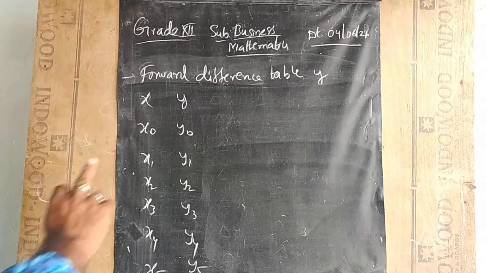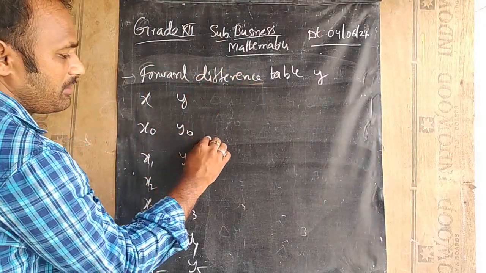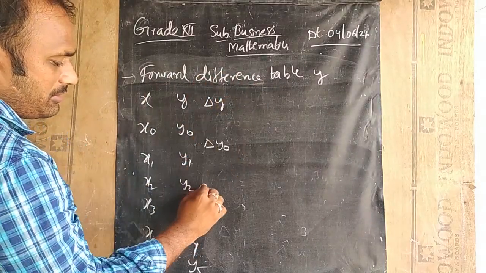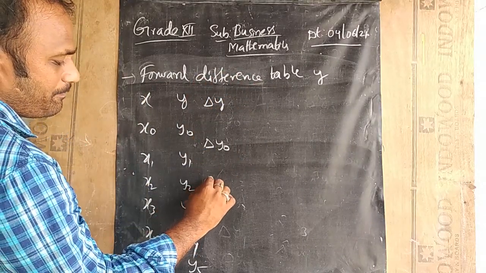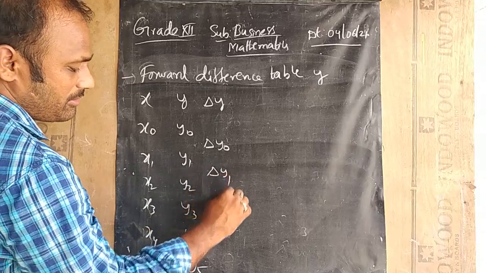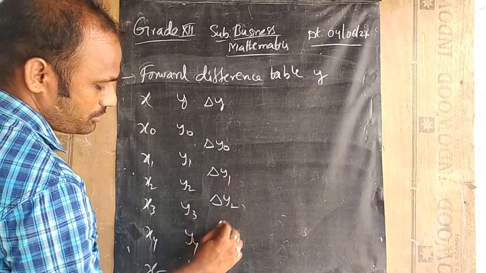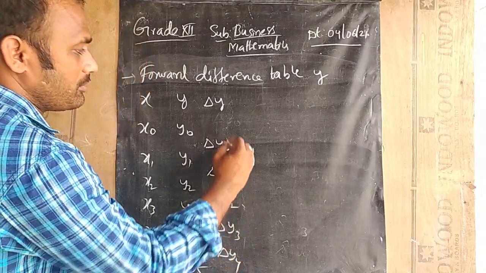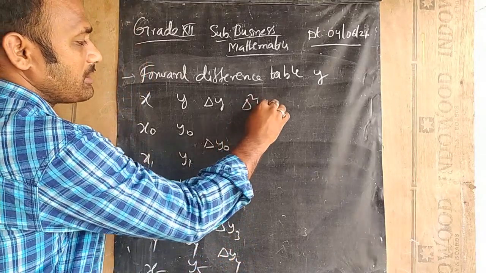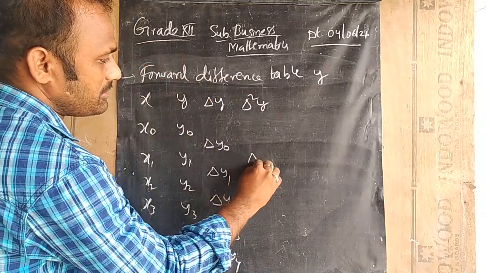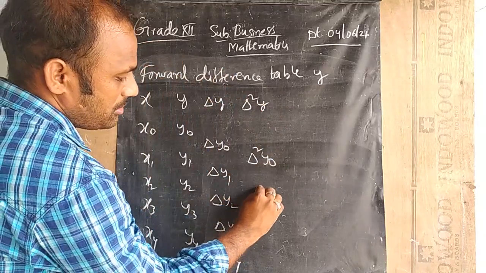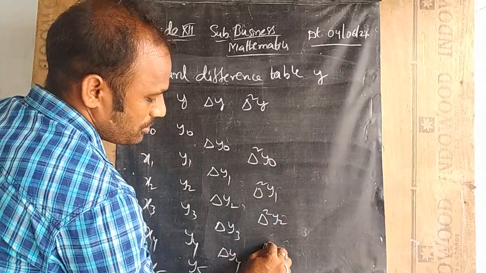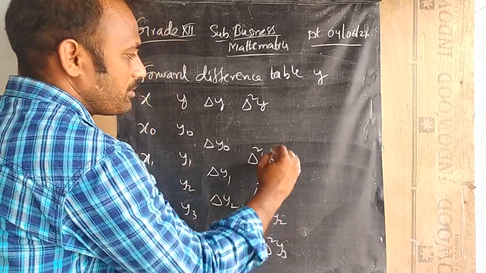Now, here is the forward difference table. This is delta y naught. This is delta y. Here y naught, here it is delta y1, delta y2, delta y3, delta y4. Next, delta square y: delta square y naught, delta square y1, delta square y2, delta square y3.